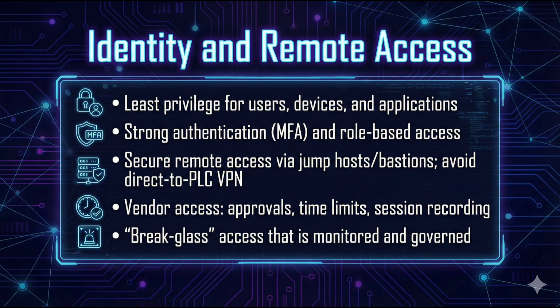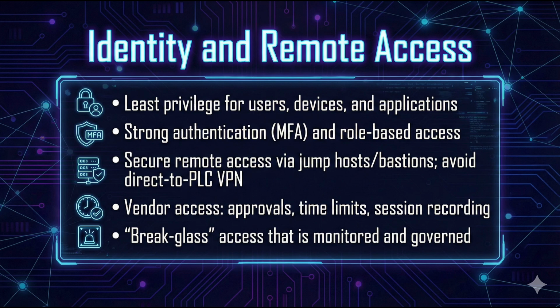For remote connectivity, avoid direct VPN to PLC designs. Instead, use controlled entry points such as jump servers or bastion hosts in an OT DMZ with strong authentication like MFA. Treat vendor access as a special case. Require approval workflows, time-bound access, and full session logging so you can review what changed.